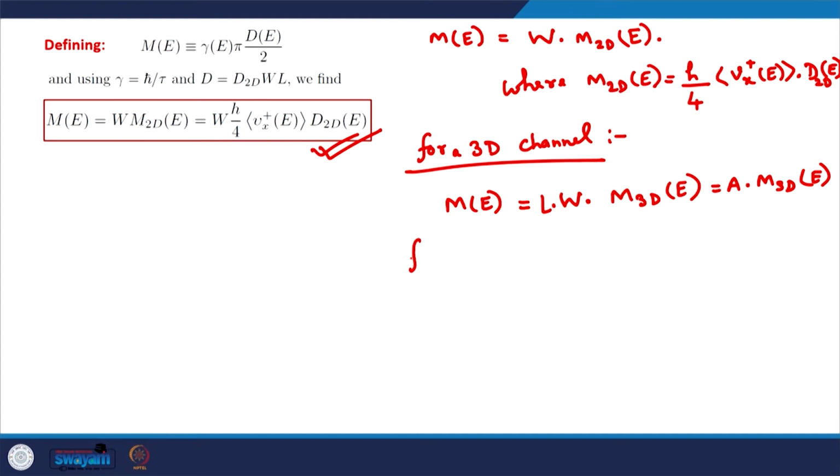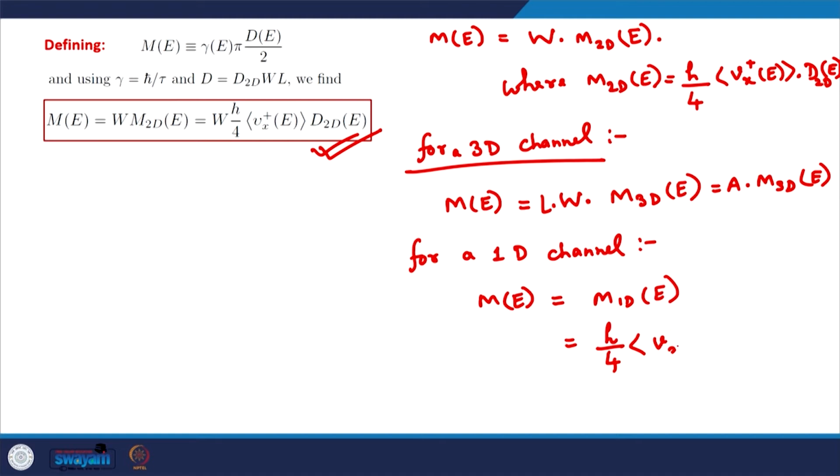And for a 1D channel, the total number of modes in the channel would be just M1D(E), and that will be h by 4 times Vx plus(E) times D1D(E), where D is essentially equal to g1D(E), the density of states in a one dimensional channel.